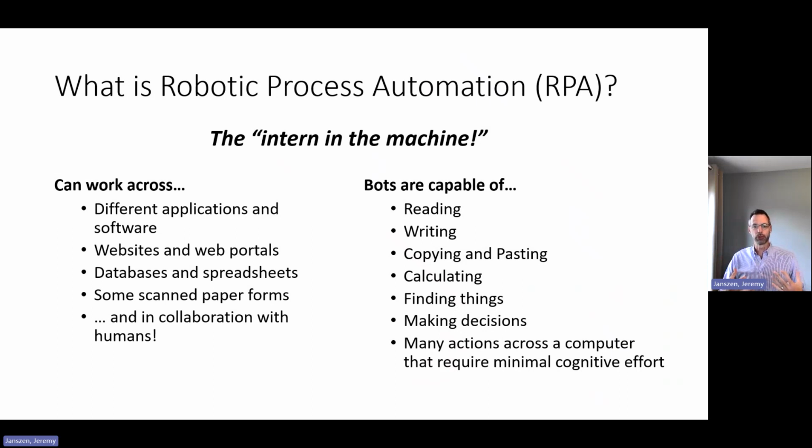They can also pull and remember data from databases and enter that into other locations. They can navigate websites and web portals, places with logins. They can read screens and sometimes even read scanned paper forms to pull out specific information. They can perform calculations or collect information from a human worker in a very collaborative kind of way.